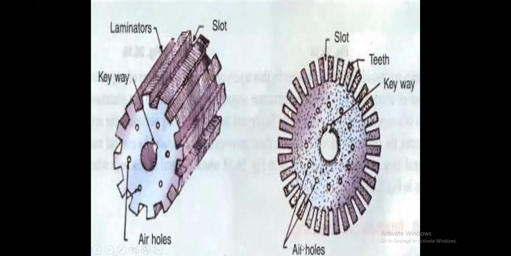You can see these are the air holes through which the air passes. Overall there are 50 to 60 laminated strips, and in a single strip these are the teeth separators on which the winding can be placed. This one is the keyway in a single laminated sheet, as placed in the 50 to 60 thin laminated sheets of the armature core.